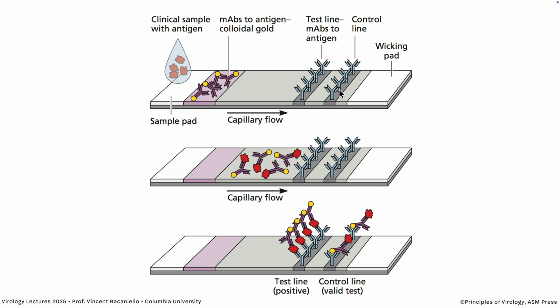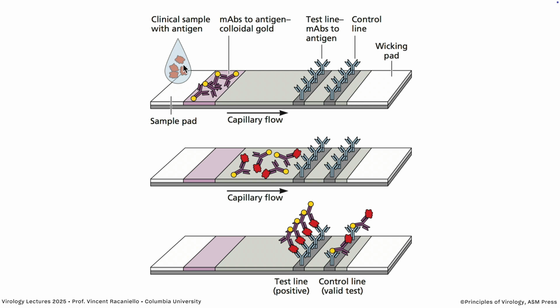And then the final one, that's the test line. That'll be positive if you're infected. And then the control line, just to see if the assay works, these are antibodies to the antibody, just to show that the whole thing is working, that something is flowing down and binding.